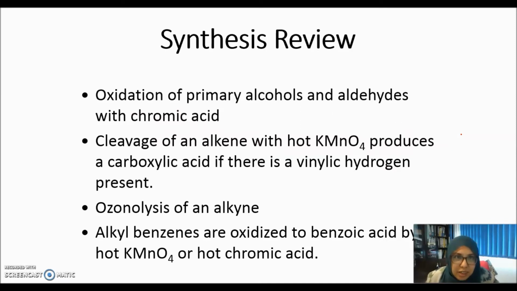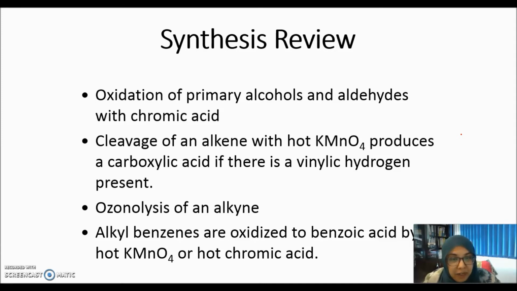Alright, now how do you make carboxylic acid? We essentially have seen this in many topics prior to this particular topic. Okay, we have seen this in the topic of alcohol, in the topic of aldehyde, and we have even seen this in the topic of alkene. So these are the reviews of the synthesis. Firstly, we can get acid through oxidation of primary alcohol and aldehyde with chromic acid.